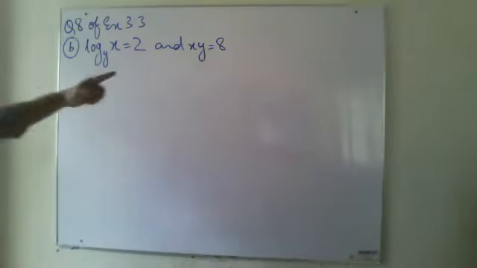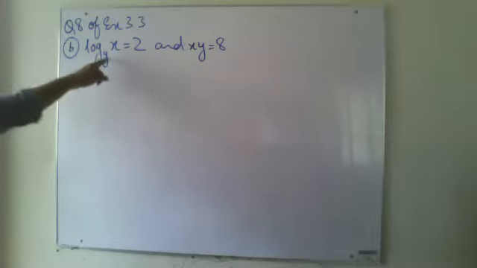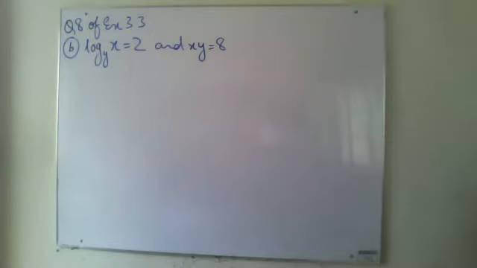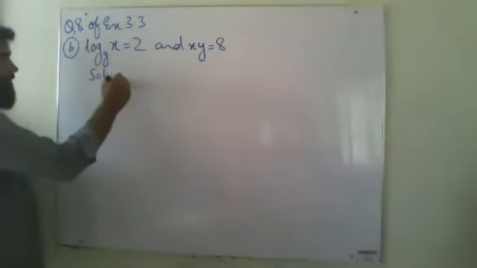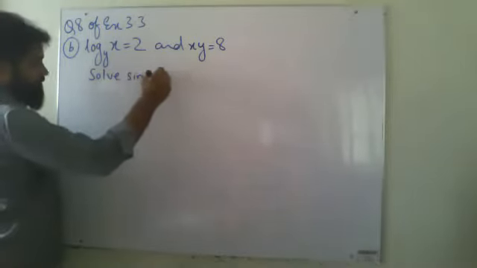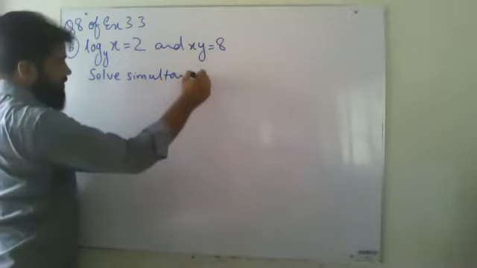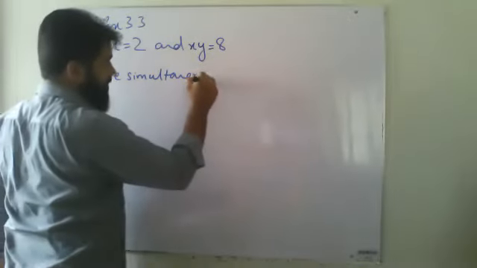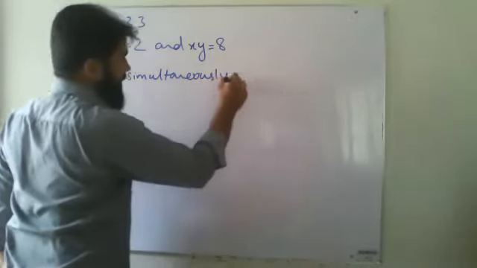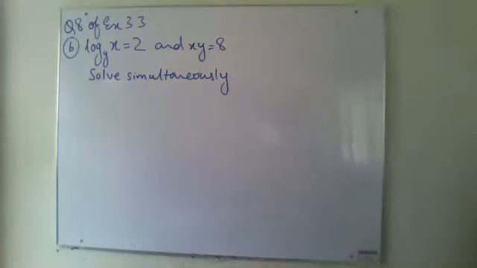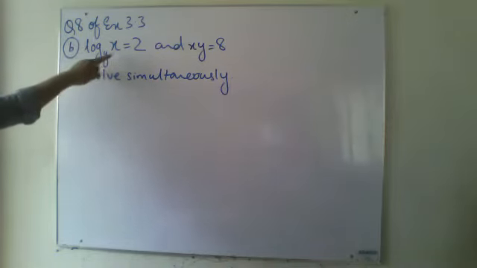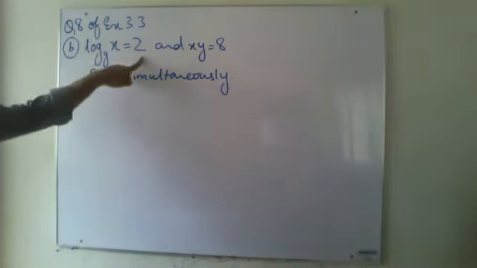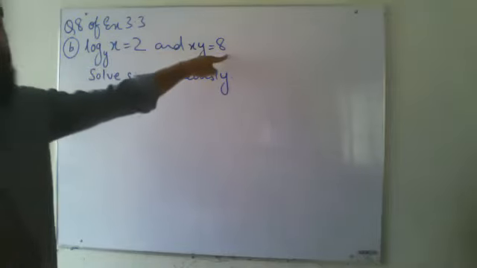Okay, so those two equations are given. This is my first equation and this is my second equation, and they are saying solve simultaneously. Two unknowns are there and we have to solve them simultaneously to get our result. This one is log with base y, multiple x equals 2, and this one is xy equals 8.